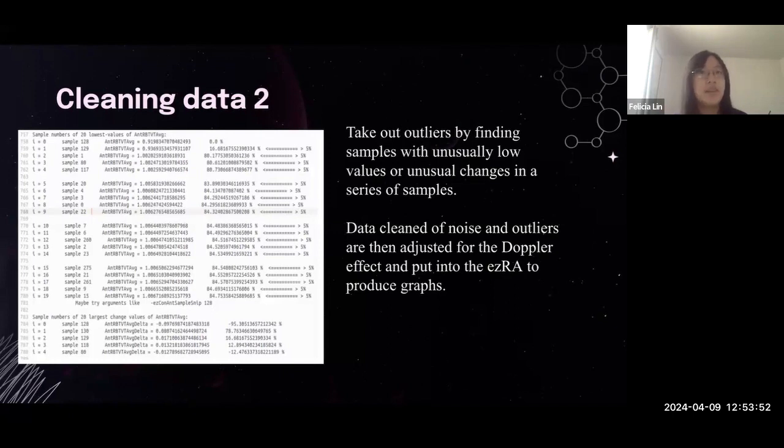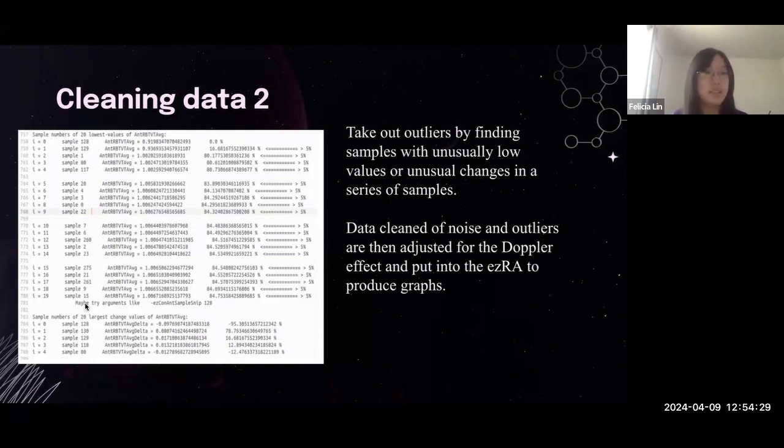If we find a data sample that is unexpectedly low, or unexpectedly high, while the rest of the samples are all at really low percentages or all at really high percentages, we would know which samples to take out. For example, sample 128 has 0%, but most of the rest of the samples have around 80, so that would be a really obvious outlier to take out.